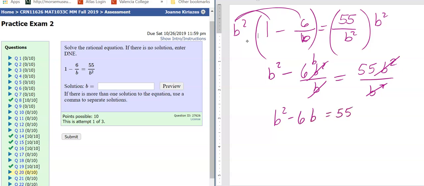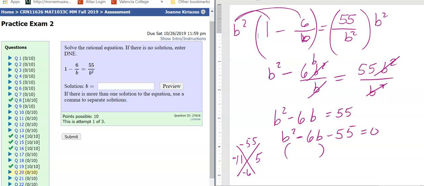We know we can't solve unless it's equal to 0, so let's go ahead and clean that up. Okay, so we want to have a factor pair that multiplies to be negative 55 and adds to be negative 6. You can use your calculator, or you can just write out the factor pairs. Negative 11 plus 5 would give me negative 6 and would multiply to be negative 55.